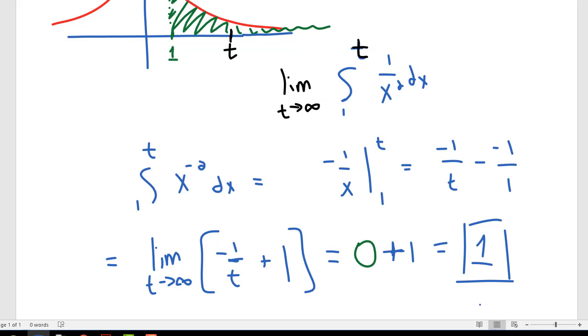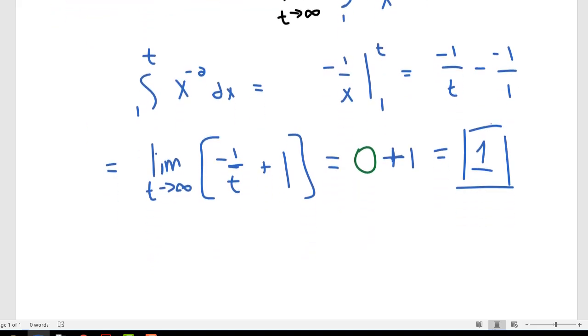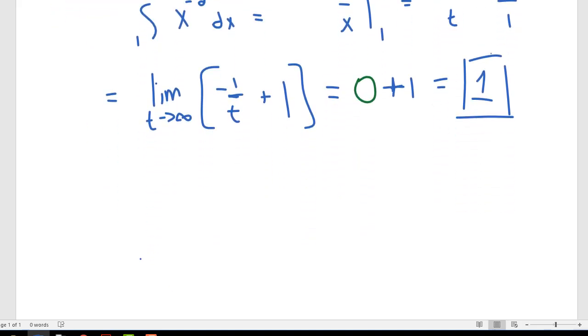Those are the cases when I get a finite answer out of my limit. And if this limit is infinite or doesn't exist, then we say the integral diverges. So we're going to use that terminology here, and I'm going to say, thus, the integral converges.